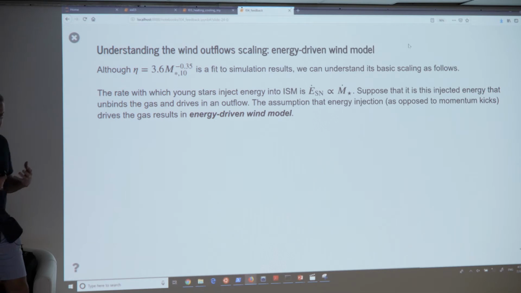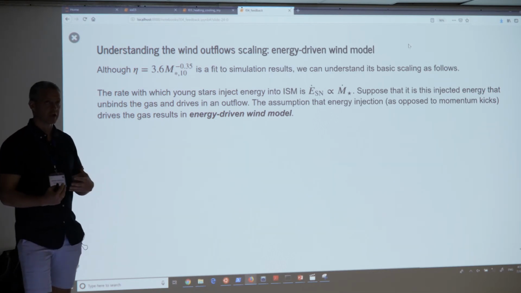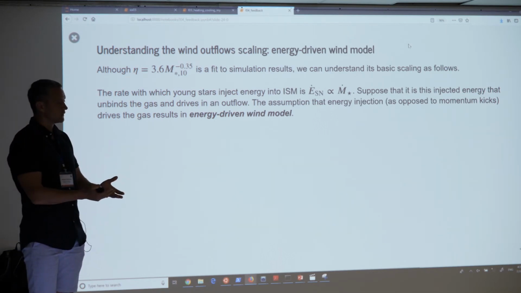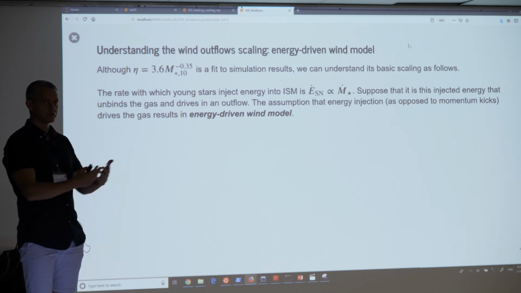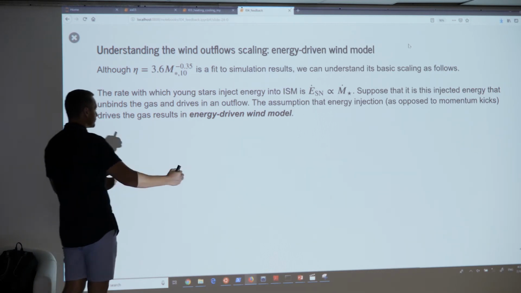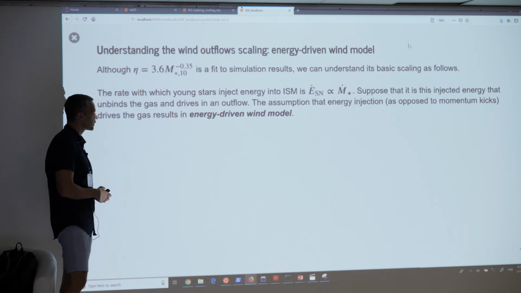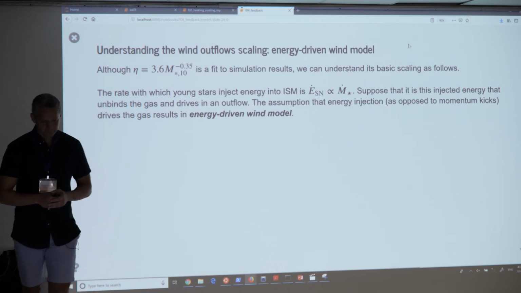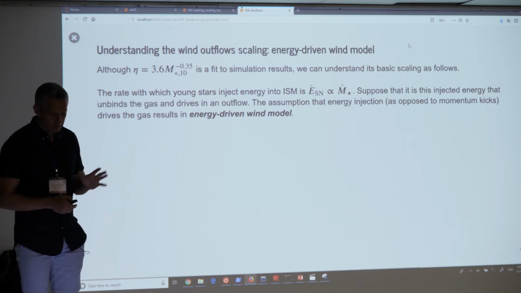I told you that the direction of that scaling makes sense because in smaller galaxies the potential well is shallower, so for the same rate of injection of energy, it should be easier to drive the gas out, because the potential against which you have to work is smaller. I'll consider just one model, one assumption.